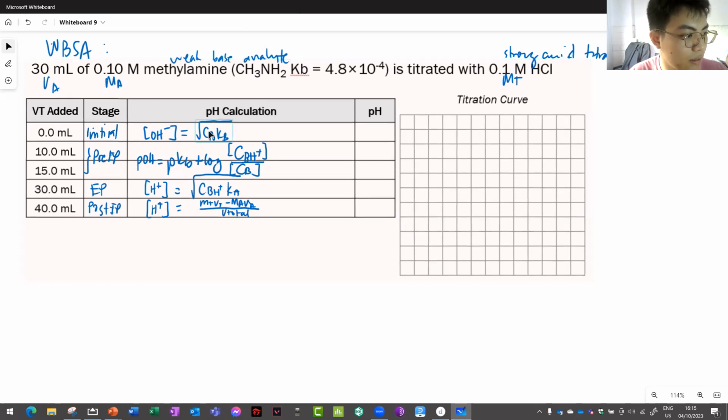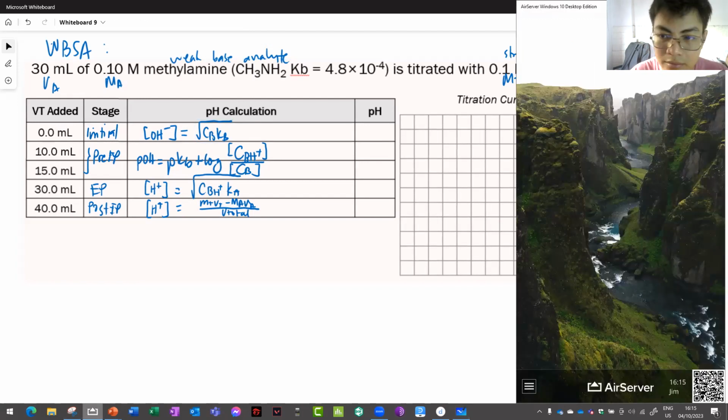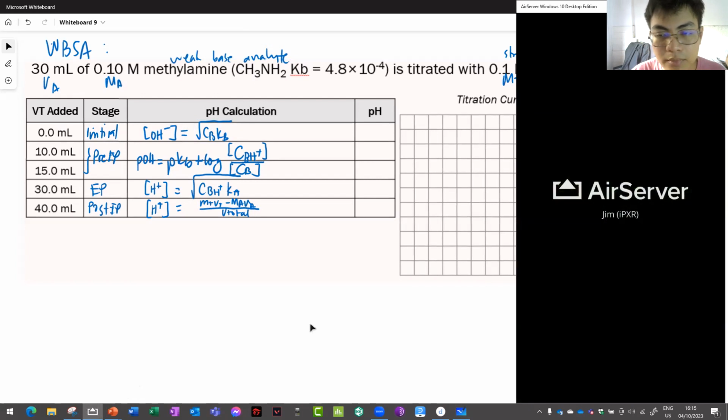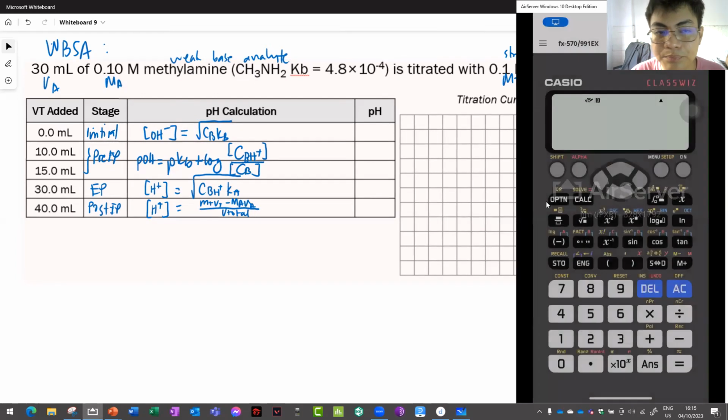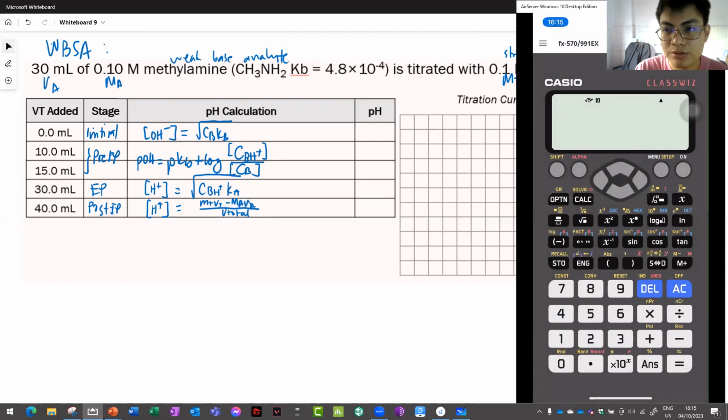Okay, let me share with you my calculator. So initial, you have your OH. We will turn it into pH. How do I plug that into the calculator so it gives me the pH right away? It will be 14 minus the pOH, so it's the negative log of the square root of CBKB.